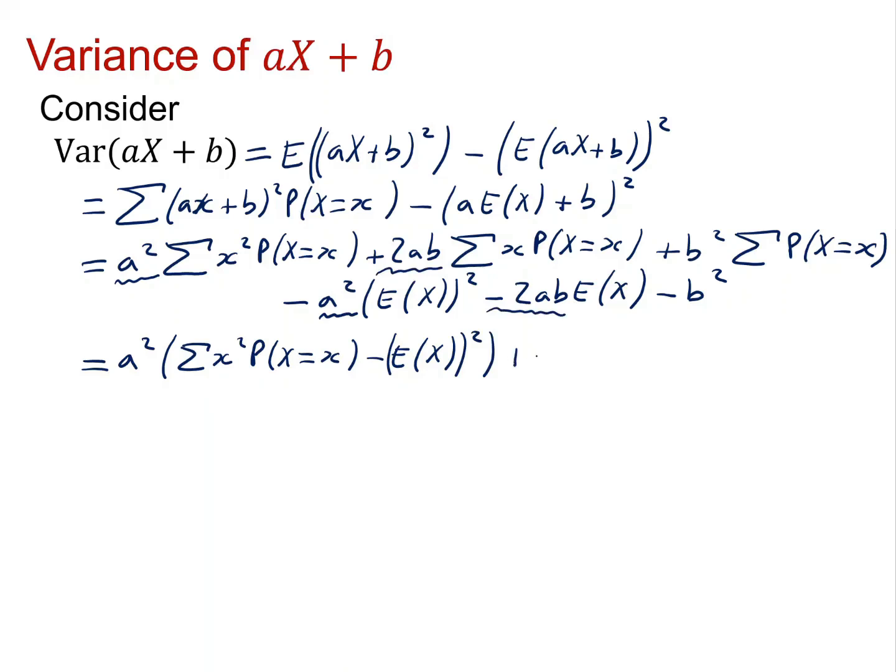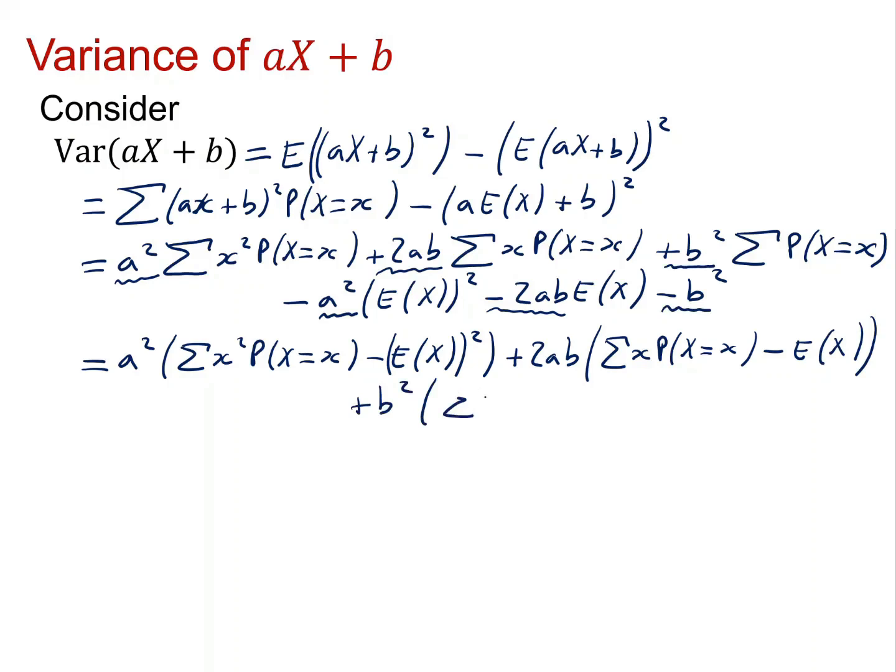So that's going to be plus 2ab times the sum x times the probability that X equals x minus the expected value of X. And then we have two terms with a b squared in. So it's b squared times the sum of the probability that X equals x, minus 1.